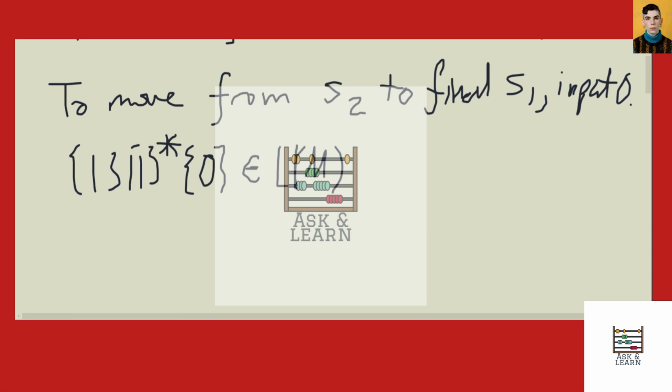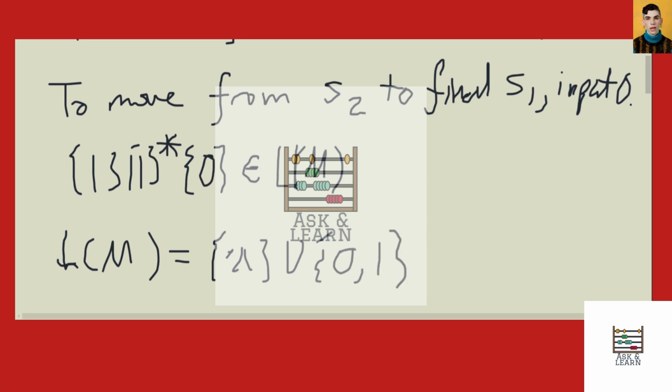And this covers all the cases, and so it follows that the language generated by the machine includes the set containing the empty string union with the set containing the strings 0 and 1 union with 1, 1 star, followed by 0.